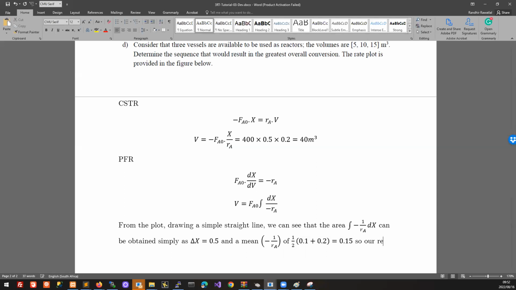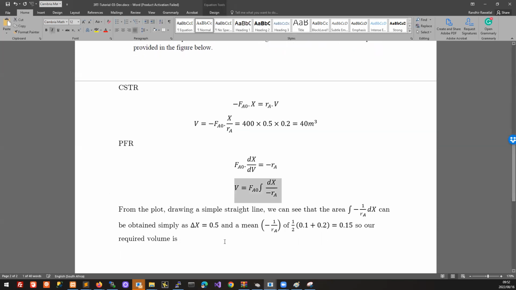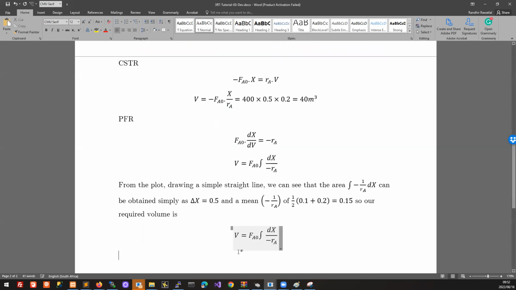So our required volume is, FA naught was, what was that, 400, the molar flow of A. And then this area we've said is simply delta X, so times 0.5 and then times 0.15.